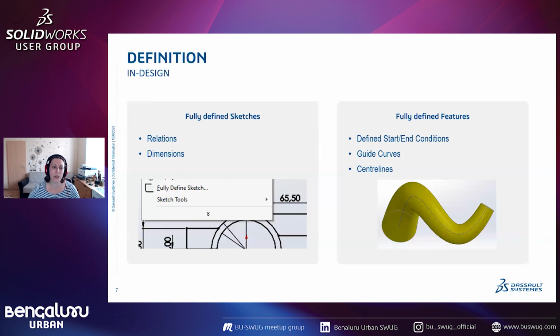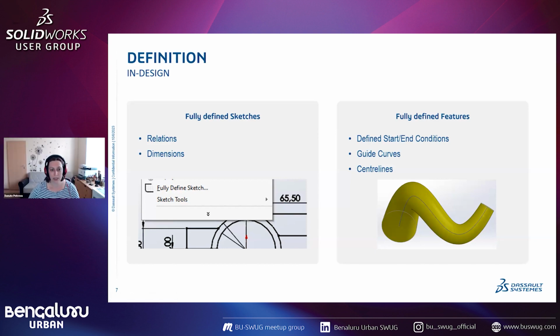In design definitions, these are the relations that we have. It's good to use fully defined sketches. It's easy to see when something is missing a definition: it's blue. When something is defined, it's black. If you're not sure what is not defined in your sketch, you have this tool, which is on the screen as a screenshot, for a fully defined sketch.